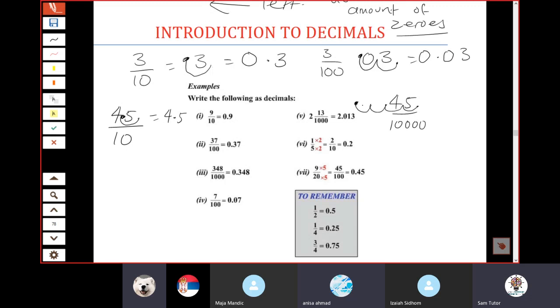And then what do I fill in here and here? 0. And then here you've already filled a 4, and this one's already been filled by 5. So my answer is 0.0045.